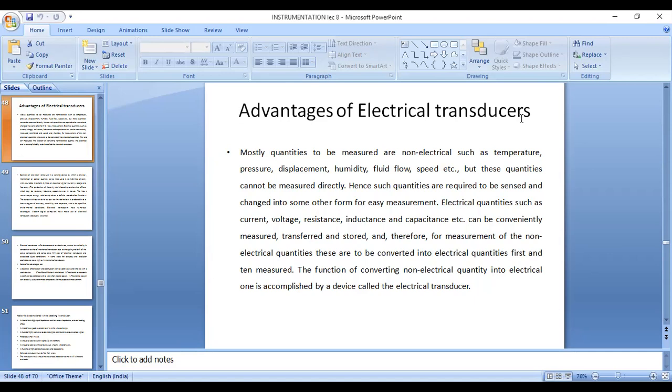Without loss of signal, I can transmit if it is an electrical signal. So I have to convert all the physical parameters into electrical signals. The instrument which does this is called an electrical transducer or electronic transducer. The function of electronic or electrical transducers is to convert a non-electrical quantity into an electrical signal such that it is easy for me to automate the input signal.